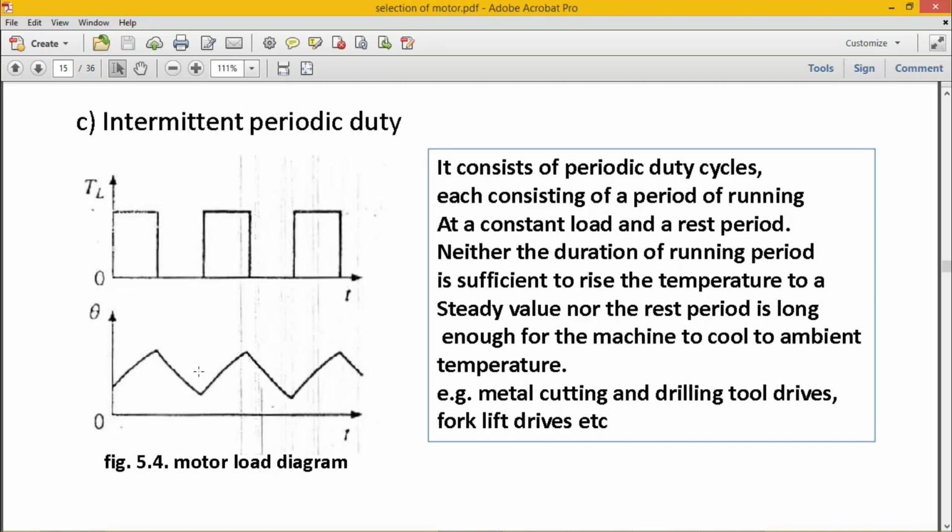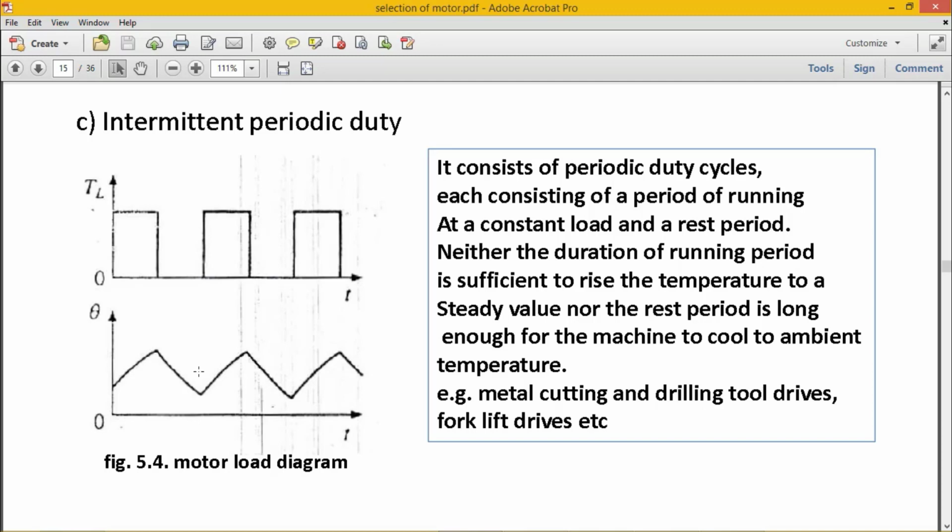Examples of this are metal cutting, drilling tool drives, forklift drives, etc. When talking about intermittent periodic duty, we neglect the heating effect of the machine during starting and braking operation. So continuous, short time, and intermittent periodic duty have been covered.